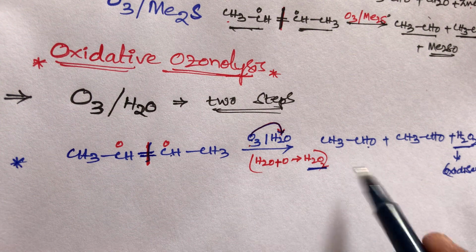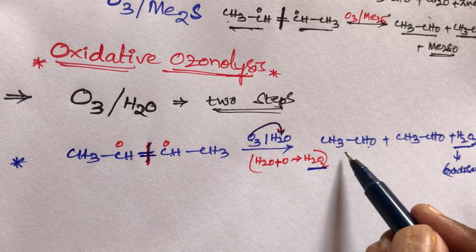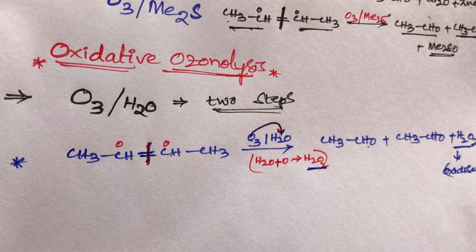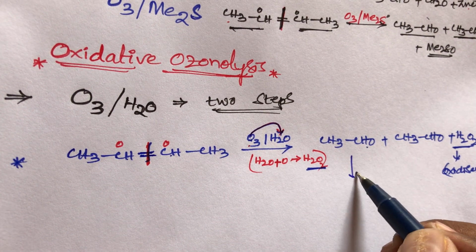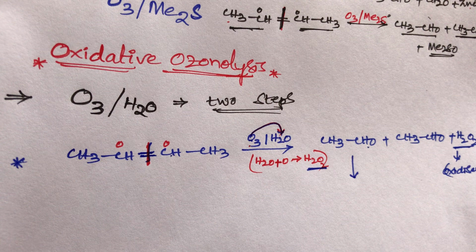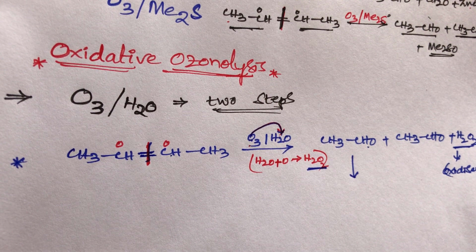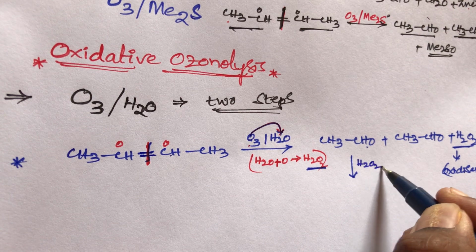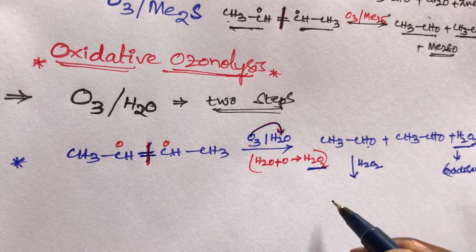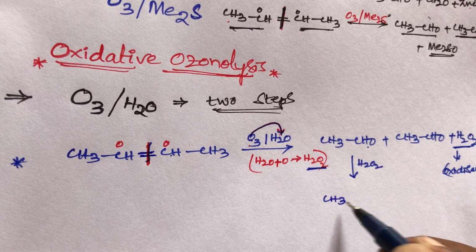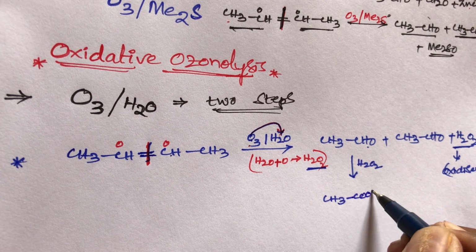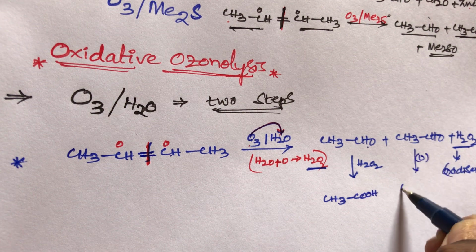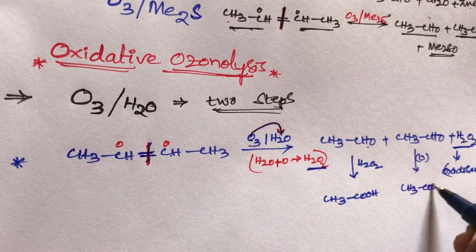After that, it is a two-step reaction. In the first step, aldehyde is formed. After that, this H2O2 acts as an oxidizing agent, so the aldehyde group is oxidized. On oxidation, the aldehyde gives the acid group, CH3COOH, and the other side is the same, on oxidation giving CH3COOH.